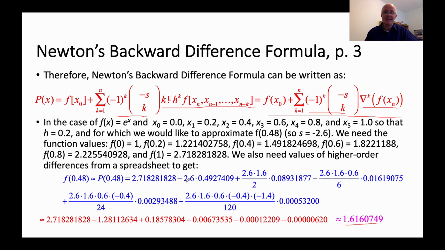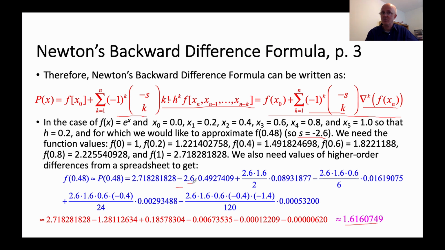Notice now s here is negative 2.6. We're doing negative s choose k, and negative 1 to the k in front. Negative s is going to be positive 2.6. Let's be careful. I almost was feeling unsettled about that. This minus sign here comes from negative 1 to the first power. 2.6 is negative s.